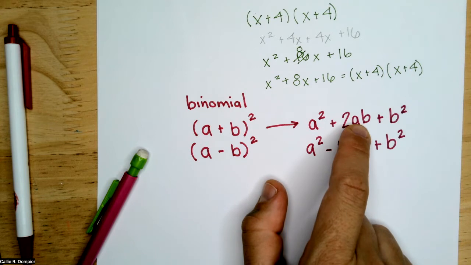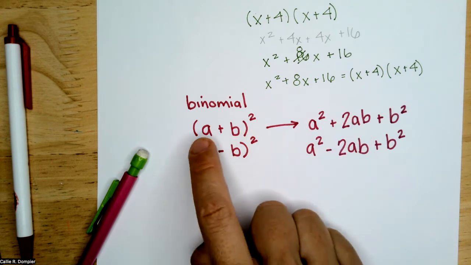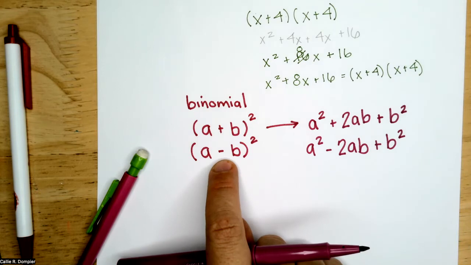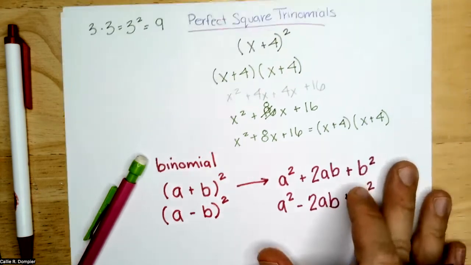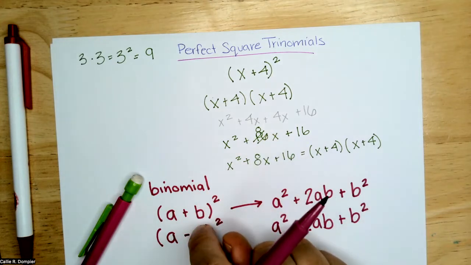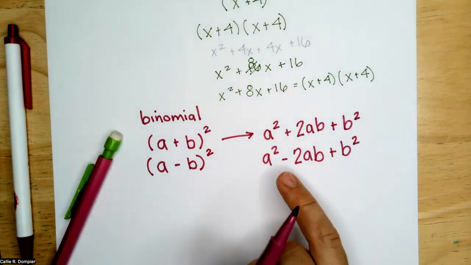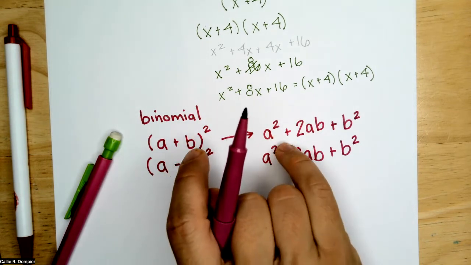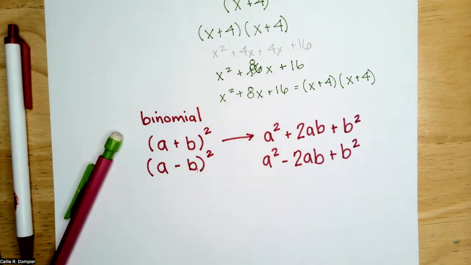Twice the product of the two terms of the binomial, a and b. Okay. We're mostly looking at the trinomial and decomposing it into the binomial. So if your trinomial has a minus here, then your binomial is going to have a minus. If your trinomial has all pluses, then your binomial will have a plus sign, okay?